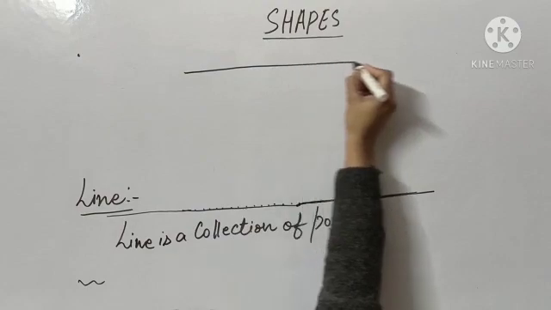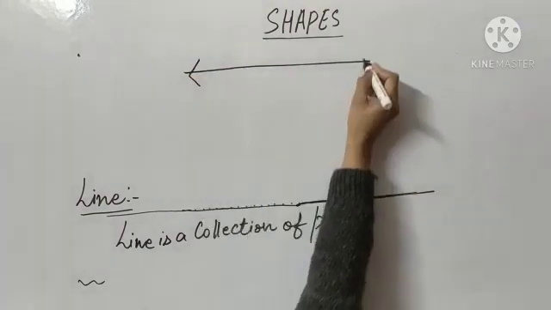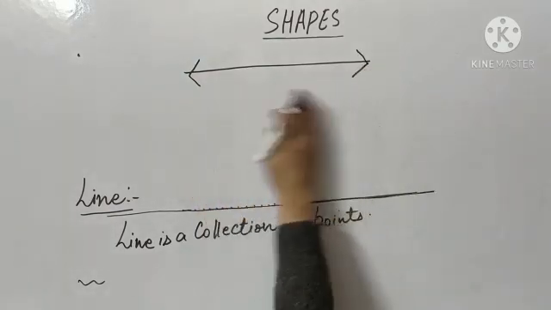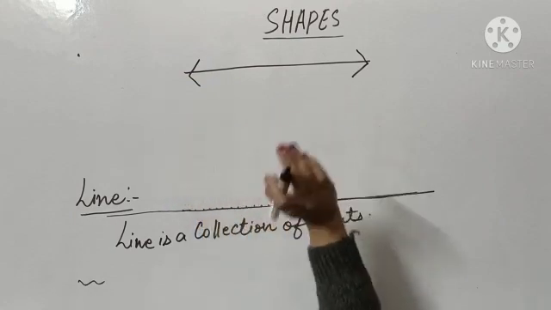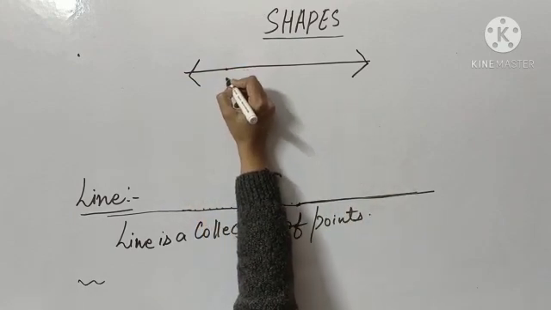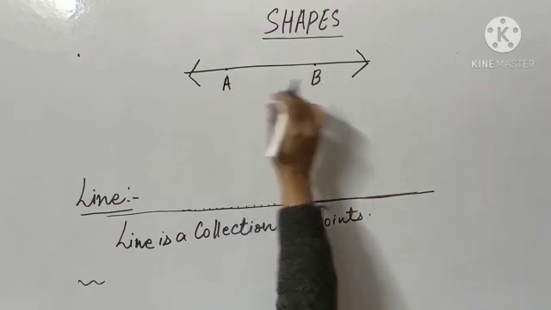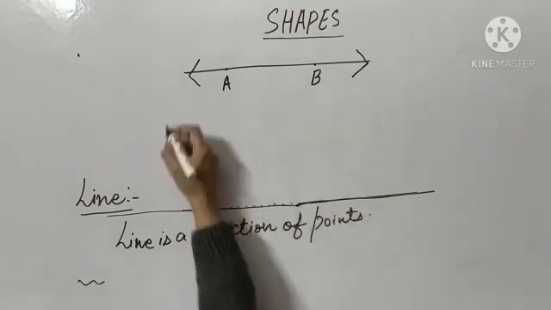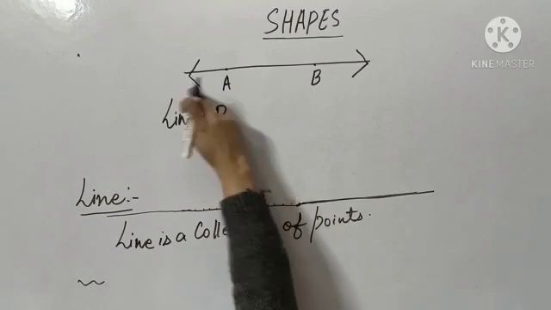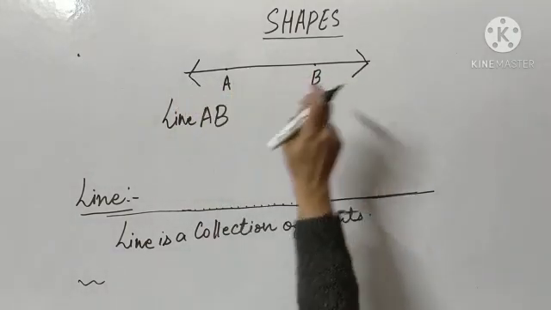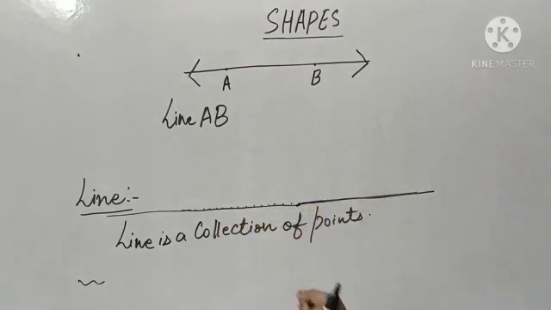So this is my line. And since I can extend, I will put an arrow. These arrows indicate that this particular line can be extended in both the directions. And suppose I mark here two special points, capital A, capital B. So this is my line AB. But these two arrows indicate that this particular line can be extended in both the directions endlessly.